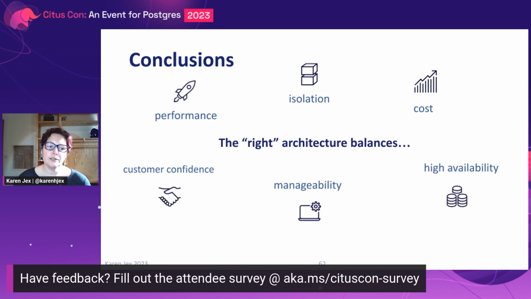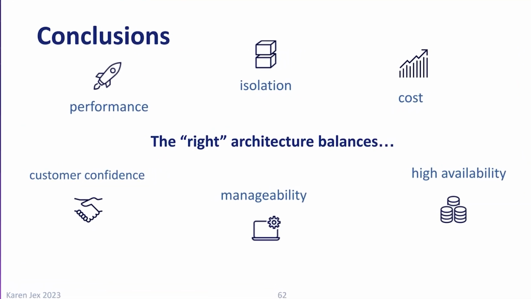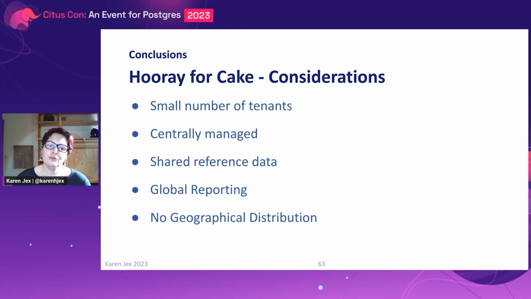To go quickly back to one of the previous slides, the right architecture balances your various different requirements, so performance, isolation, cost, high availability, manageability, and as I said before, sometimes customer confidence, the architecture that the customer really wants to implement. In the case of Hooray for Cake, so in your role as DBA for Hooray for Cake, you would go through the thought process, think about all those things.